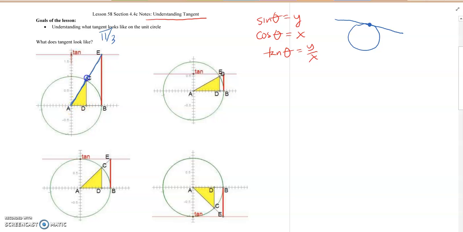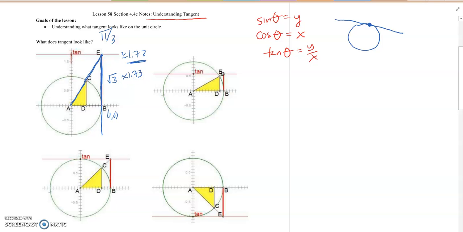If you draw the tangent line to the unit circle through the point (1, 0), you can see that the tangent line intersects the angle at roughly 1.73. Well, this length right here is the actual length of the tangent. The tangent at 60 is root 3, which is approximately 1.73.